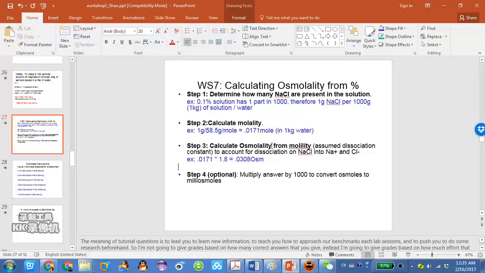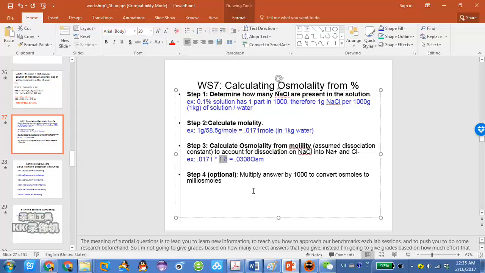Step 3 is to calculate the osmolality from molality. Since we already have the molality, we can simply multiply this number by the dissociation constant of NaCl. If you assume a complete dissociation, then you can use 2 as the dissociation constant. But here I'm using 1.8 as an example, so I'm not assuming complete dissociation.